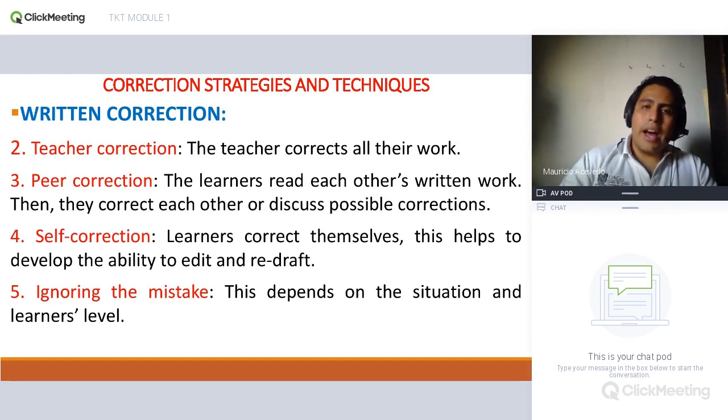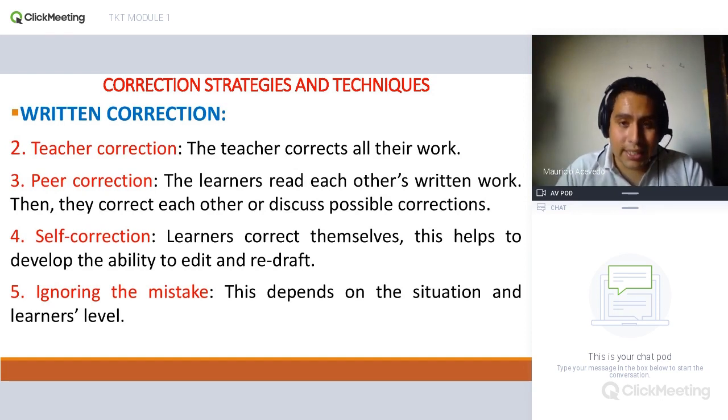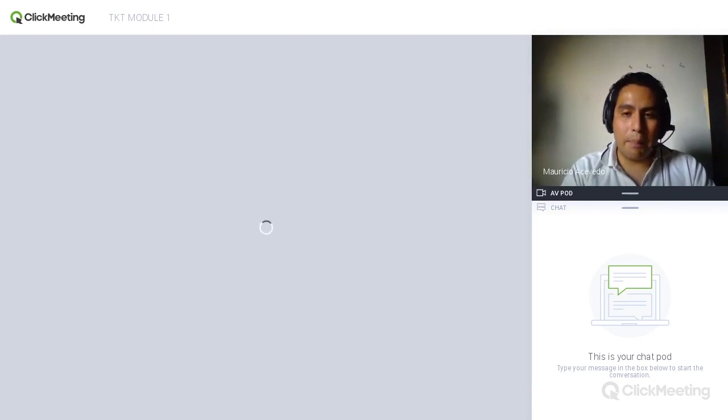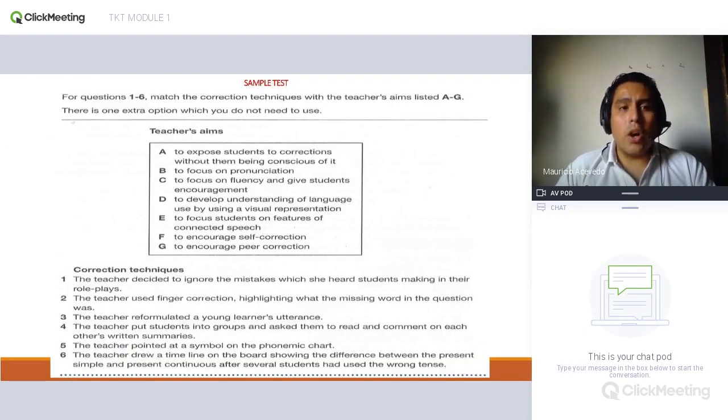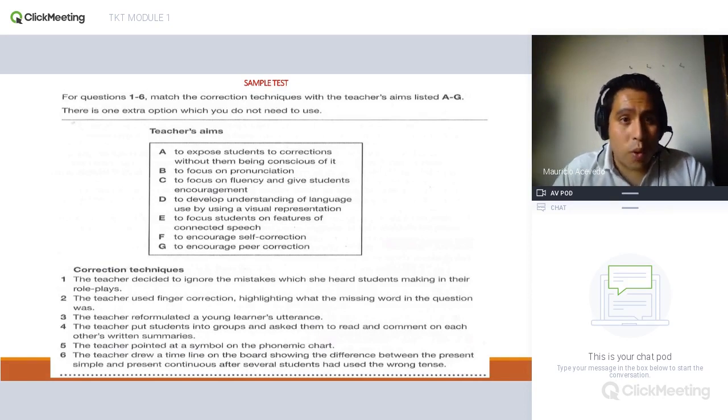Now remember that the course is for preparing you for the TKT. So we're going to have a sample test. In this sample test, for questions 1 to 6, match the correction techniques with the teacher's aims listed A to G. There is one extra option which you don't need to use.